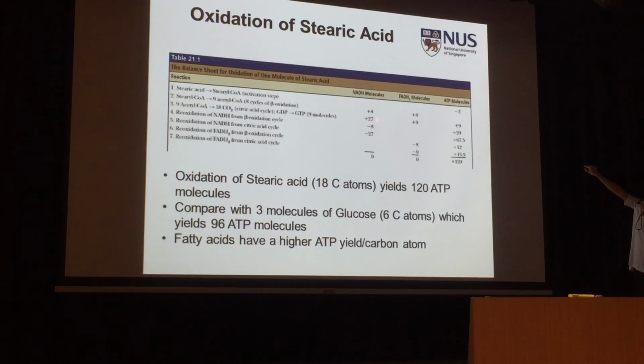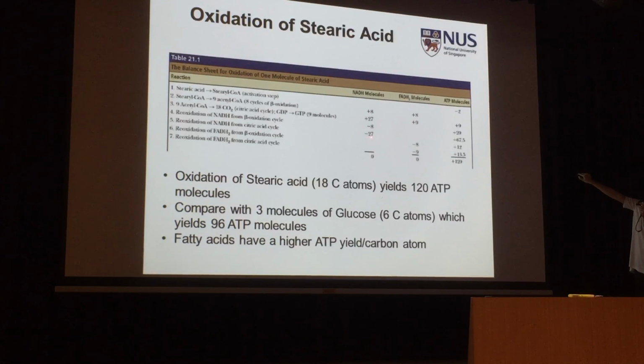So now, all these 8 molecules go through the electron transport chain, 8 times 2.5 will give you 20 ATP molecules. And then 27 again times 2.5 will give you 67.5.